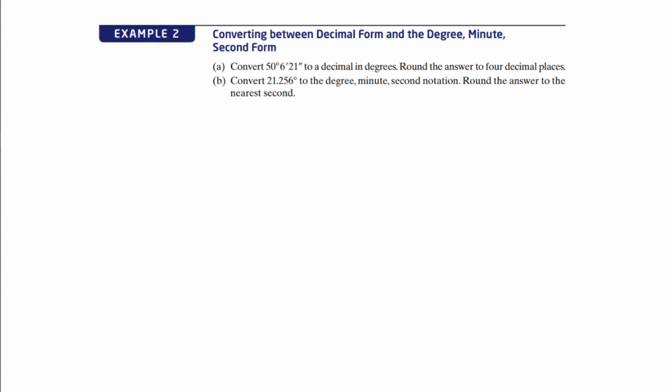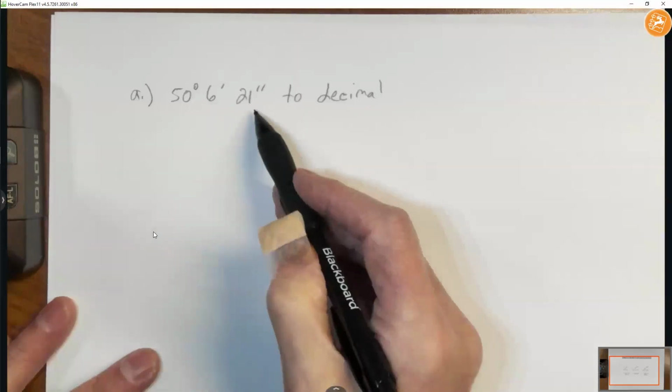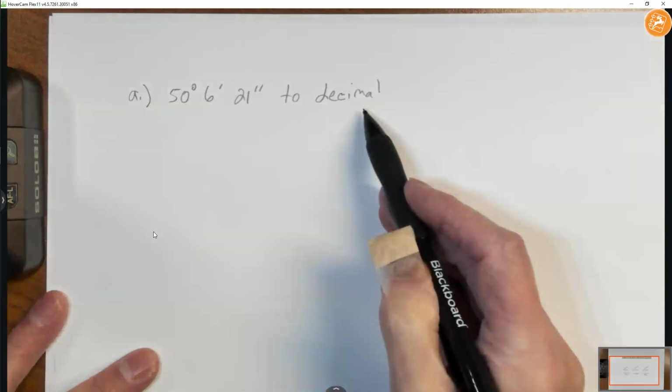So for part A, we want to go from 50 degrees, 6 minutes, 21 seconds to decimal. Okay, so I've just copied that here. We're going from 50 degrees, 6 minutes, 21 seconds to decimal.